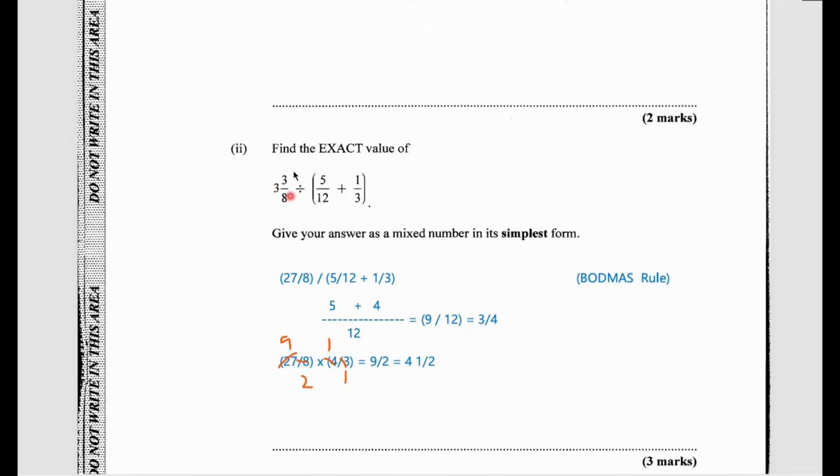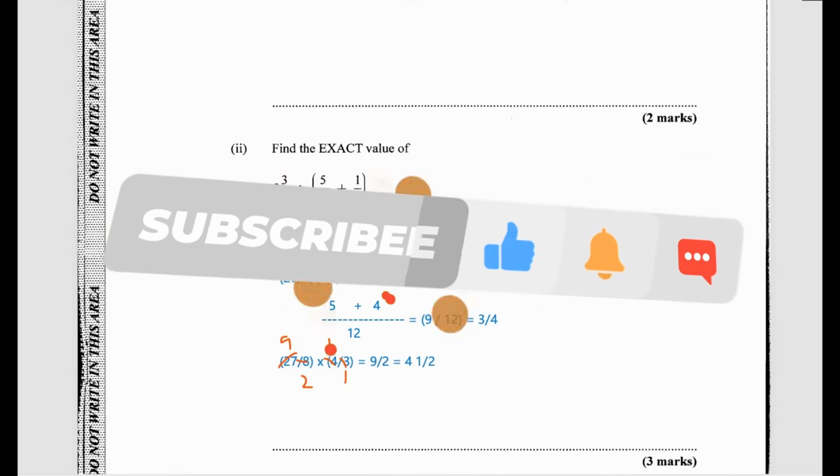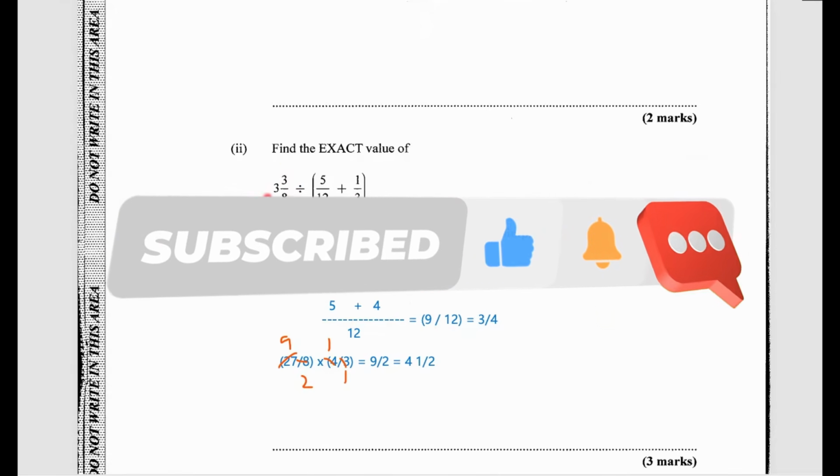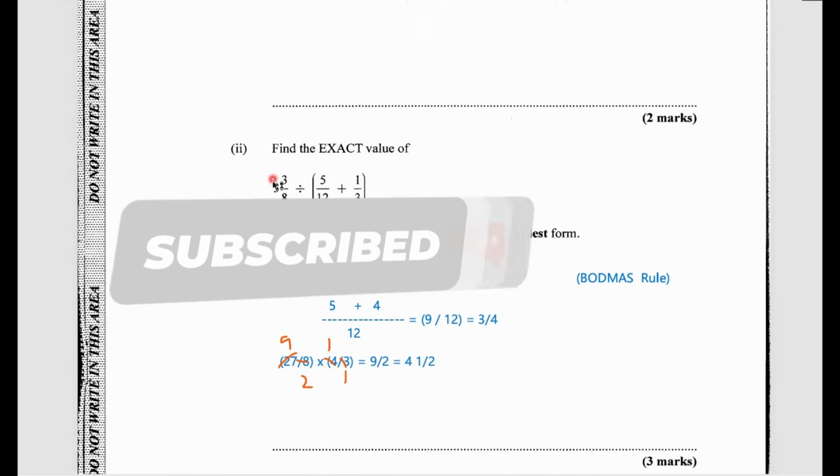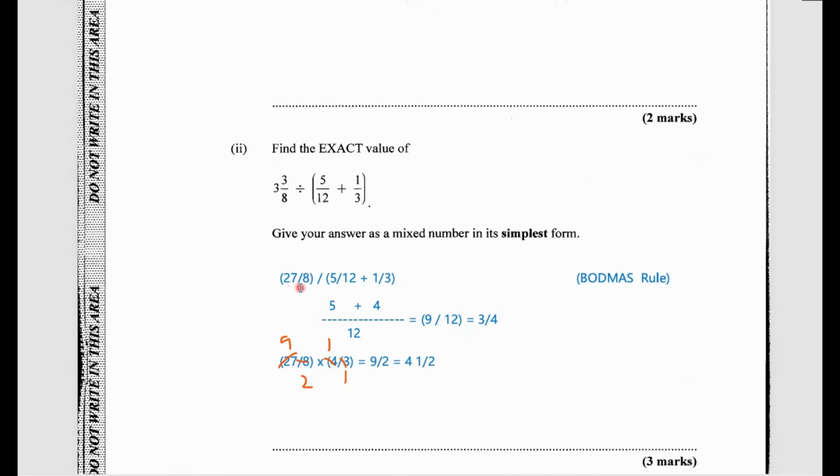Then it's this part here, which you convert to an improper fraction. 3 by 8 is 24, add 3 is 27 on 8, being divided by 9 on 12. Essentially, I did choose to reduce this, 3 into 9, 3 into 12, 4. So I'm dividing 27 on 8 by 3 on 4.